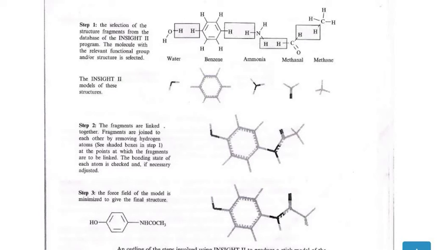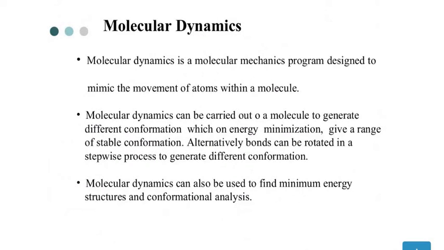And finally, the force field of the model is minimized to give the final structure. So it depends on you. Nowadays, everything we are doing with the help of software. You can draw the molecules and optimize them.